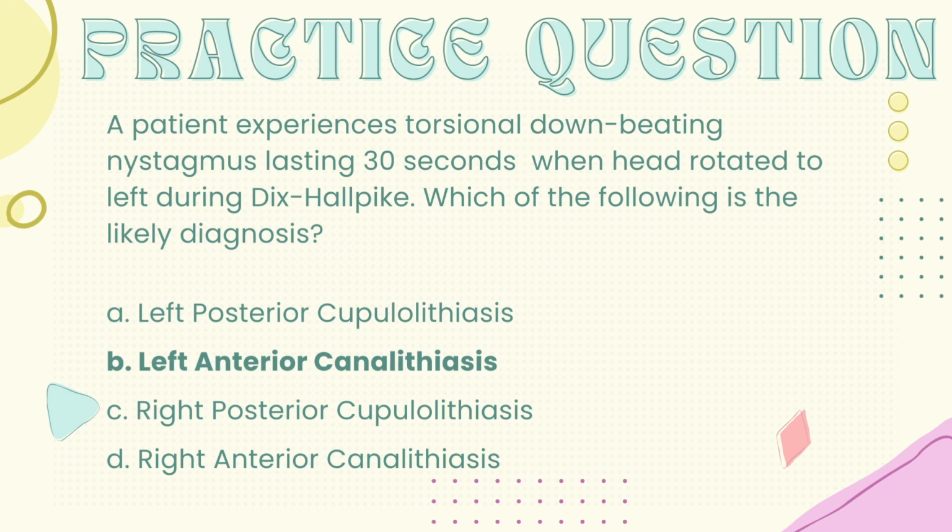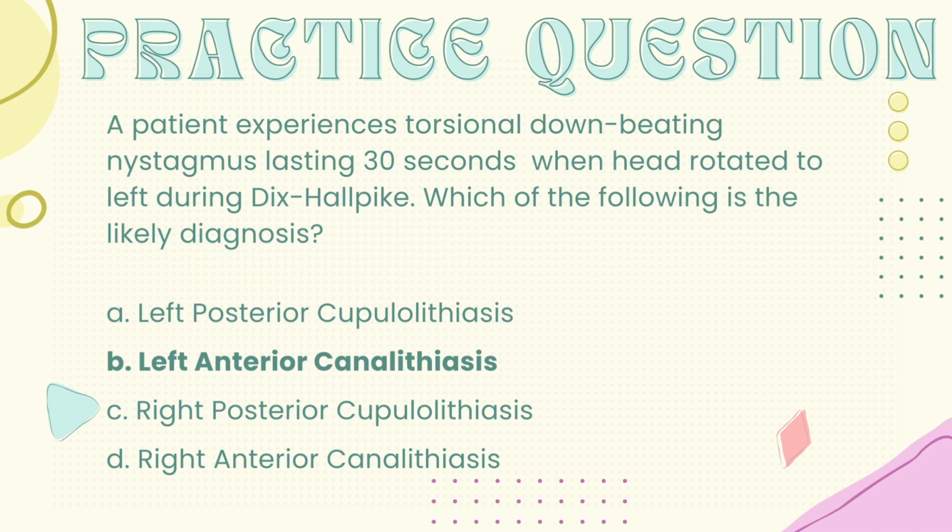For A, for it to be posterior canal, that would have to be upbeating, and for it to be cupulolithiasis, it would have to be greater than 1 minute. For C to be right, we would have to have the upbeating with the nystagmus lasting longer than 1 minute, as well as the Dix-Hallpike being positive when rotated to the right, not to the left.